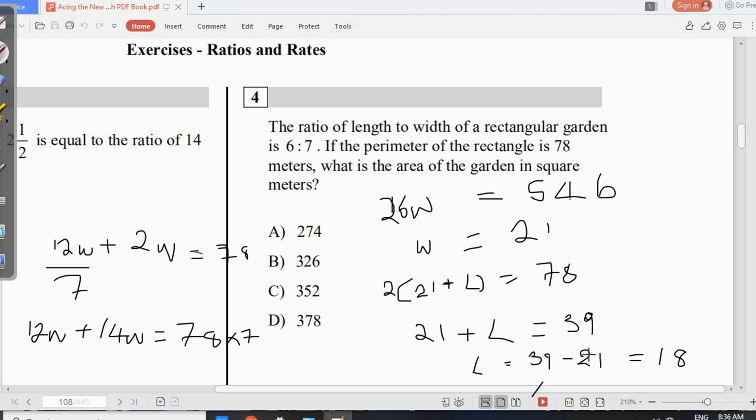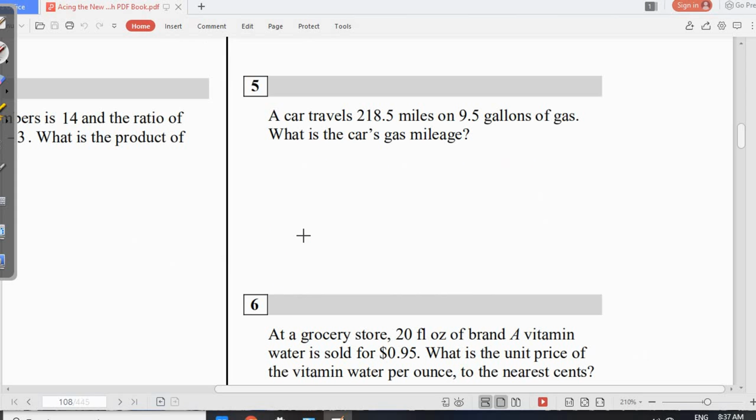So since the length is 18 and the width is 21, we multiply that, and we have 378.